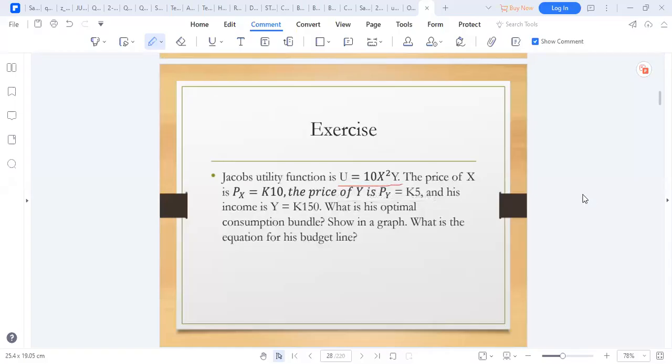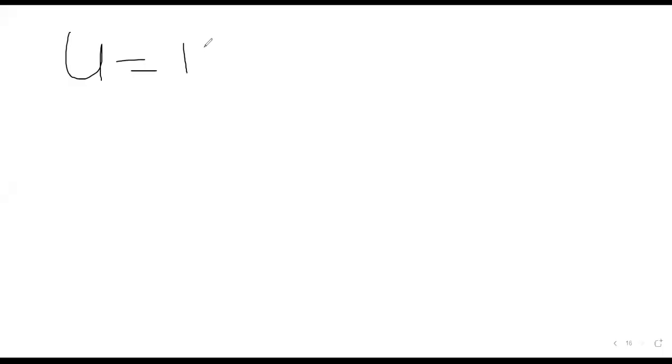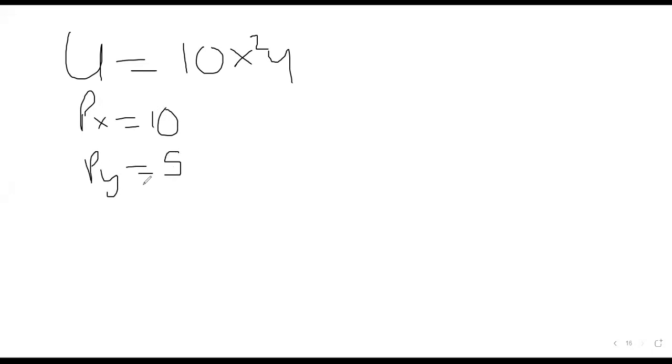So we're given a utility function 10x2y, and the price of x is 10, price of y is 5, and the income is 150. All right, so utility is what? 10x2y. Price of x is what? 10. Price of y is what? 5. And the income. They use B, they use Y, so this is capital Y, 150.